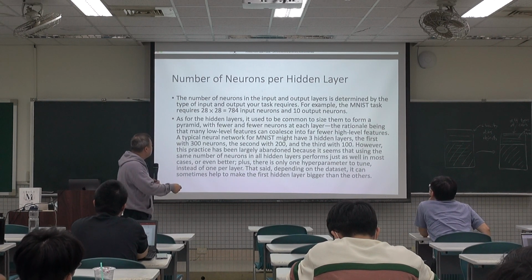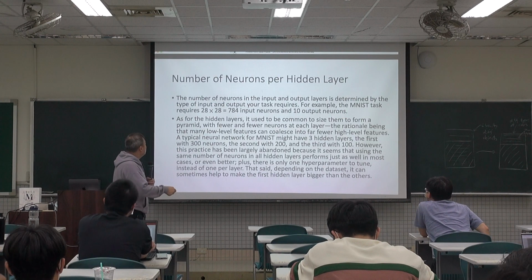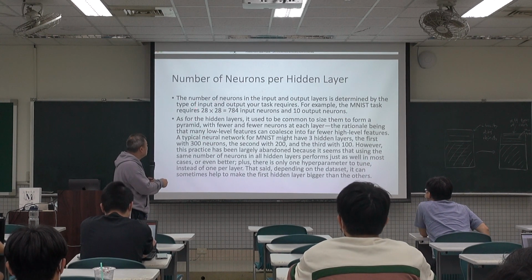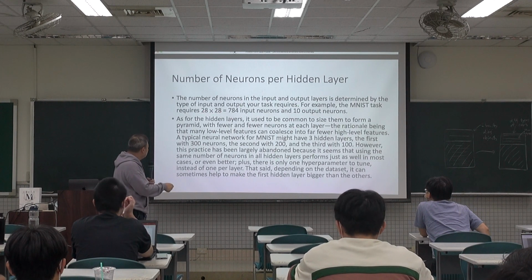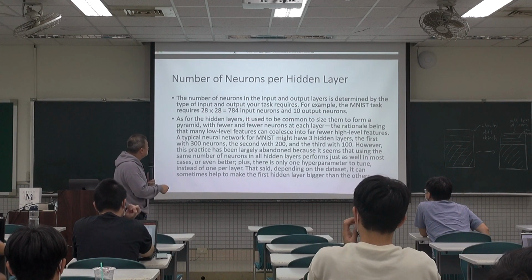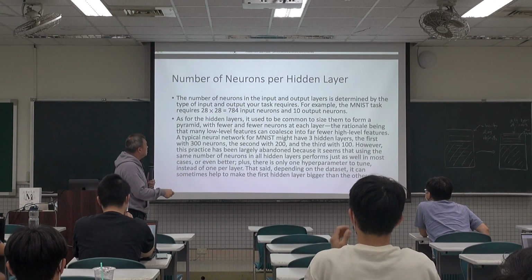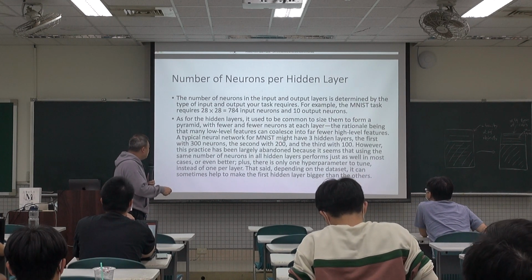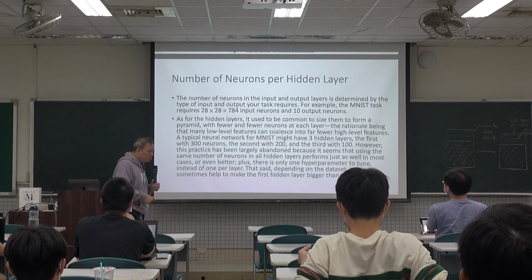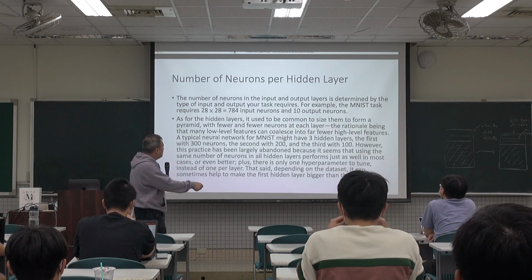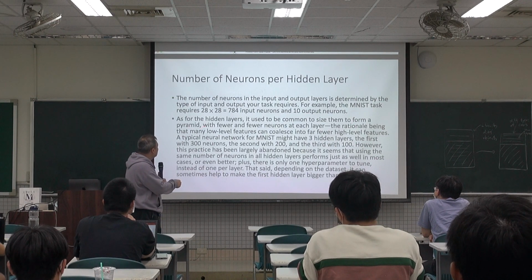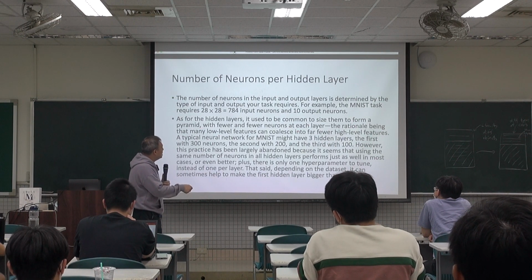For example, for MNIST, the input layer is 28 by 28, 784, because that's the number of pixels. For the hidden layers, it doesn't tell you exactly what number of neurons to use, but normally you are going to form a pyramid with fewer and fewer neurons at each layer.